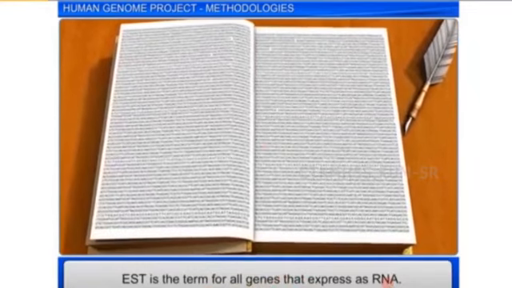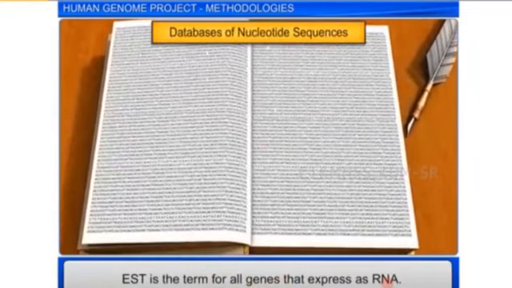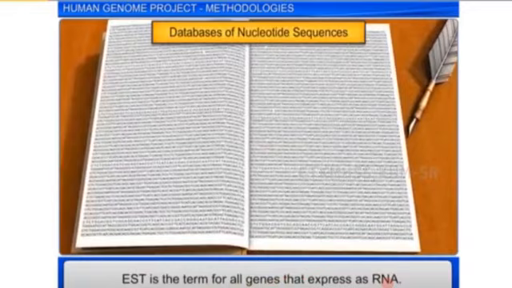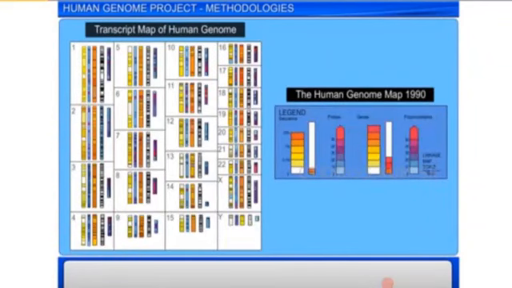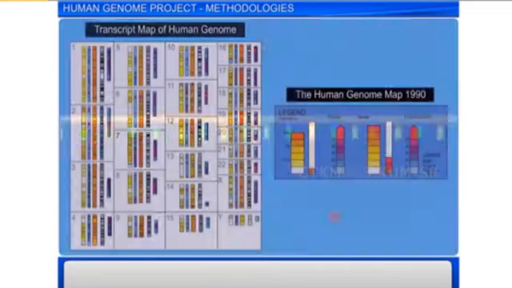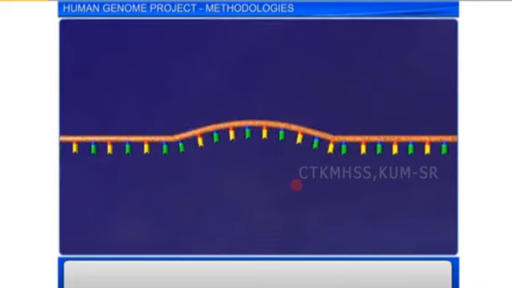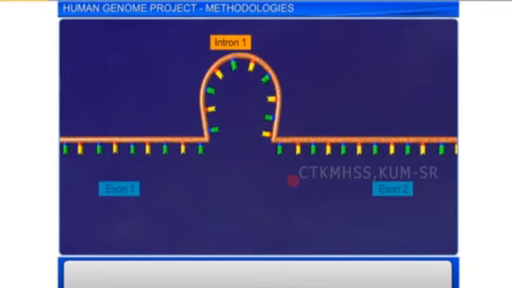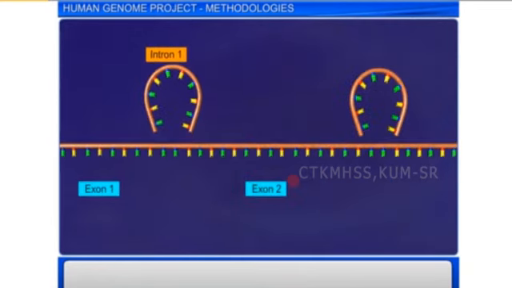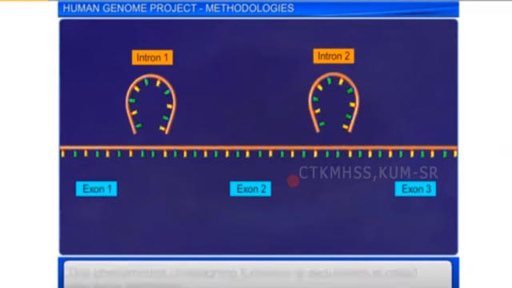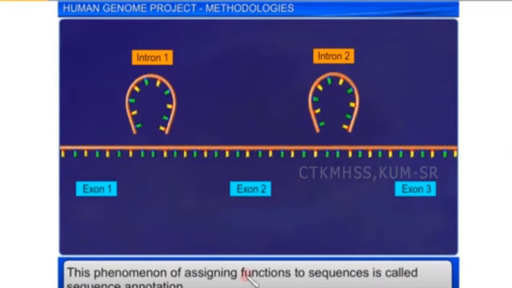With EST, numerous databases of nucleotide sequences have been made available. It has facilitated the construction of a preliminary transcript map of the human genome. In the second methodology, the entire set of the genome, comprising all coding and non-coding sequences, was indiscriminately sequenced, and later different regions of the sequence were assigned their functions. Assigning functions to sequences is called sequence annotation.